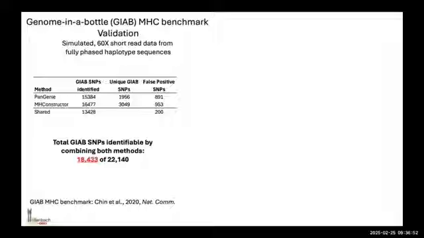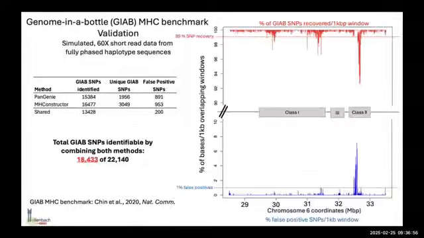I'll show you how that false positive, true positive rate plays out across the MHC, because we know certain regions are more problematic than others. At the top, we have percent recovery of true SNPs from the benchmark. As you can see, the vast majority of these regions are well above the 99% recovery threshold, which is great.